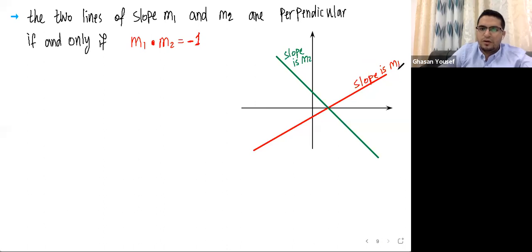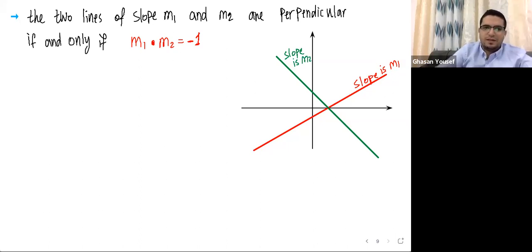We should know that if we multiply M1 times M2, they give me minus 1. This means if I have M2 and the question asks about M1, I can find it by multiplying M1 times the value of M2 equal to minus 1. Then I solve the equation.